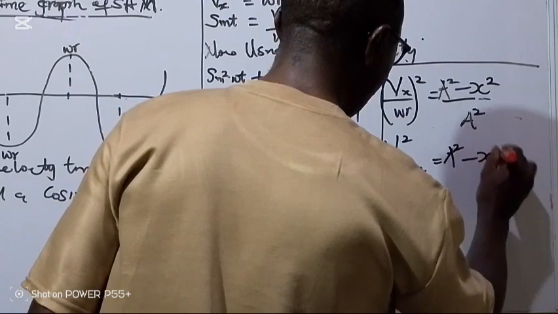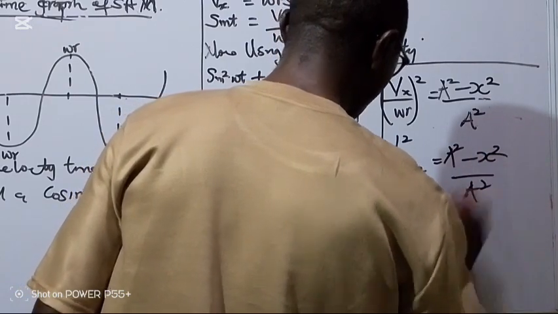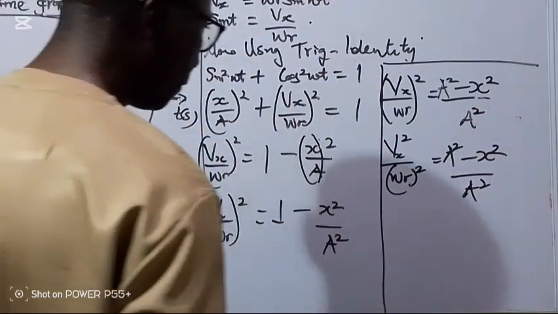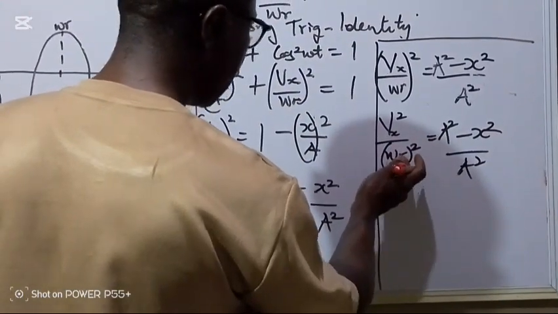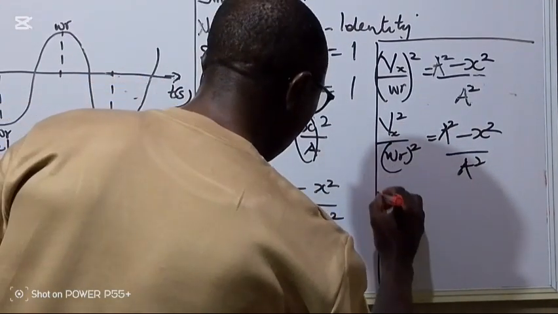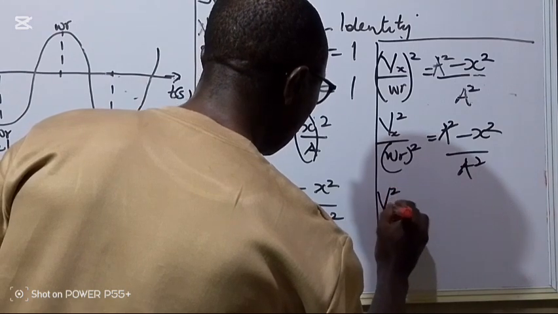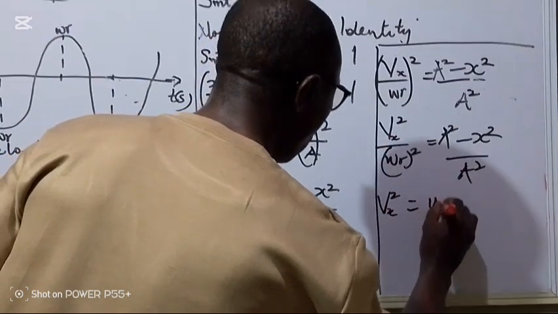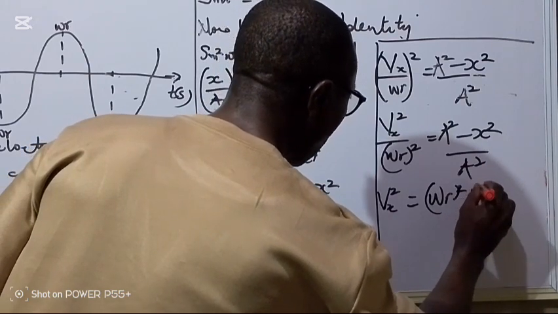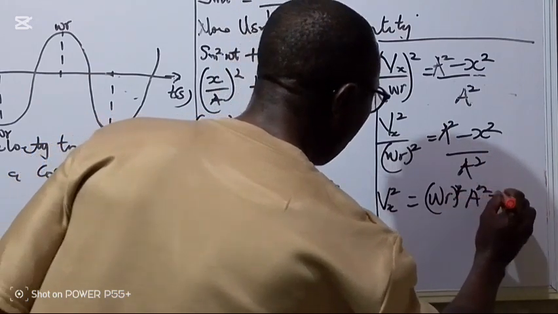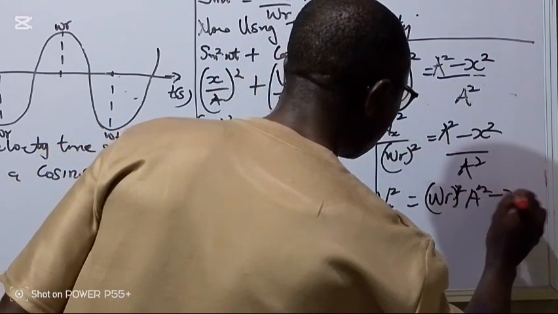So from this one now, multiply through by this one. We are going to have v square will be equal to omega square a square minus s square over a square.